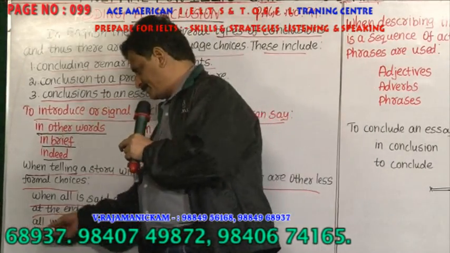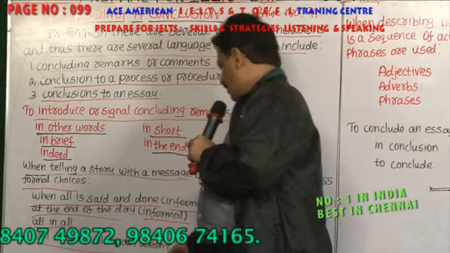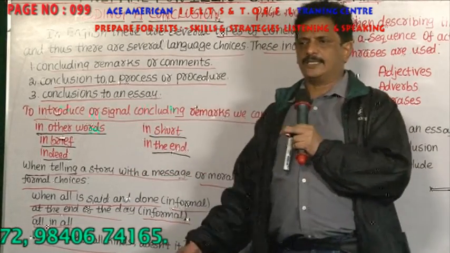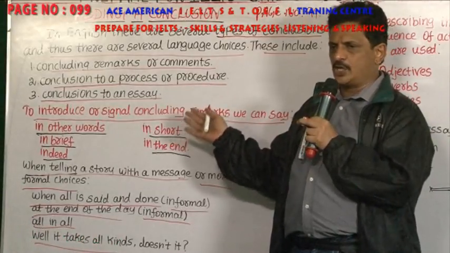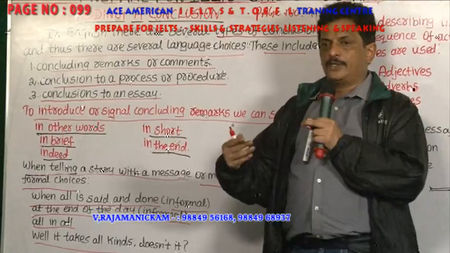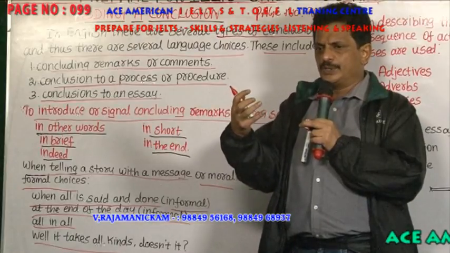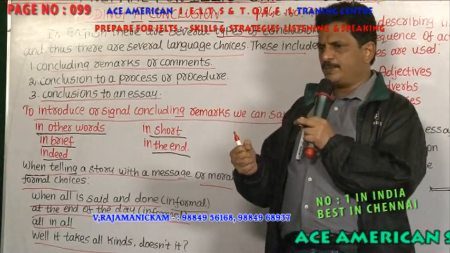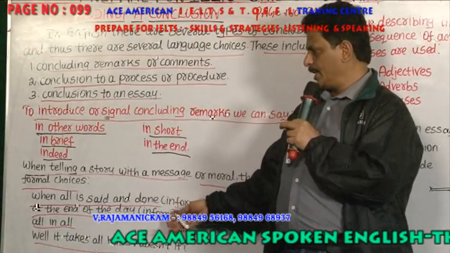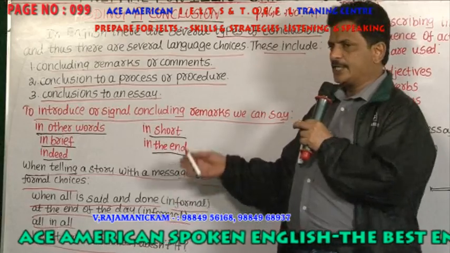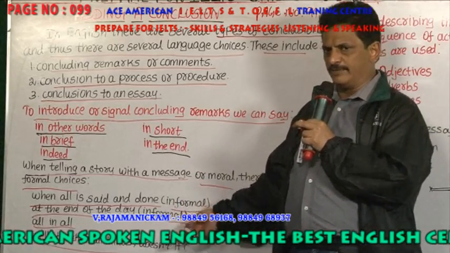All in all. Well, it takes all kinds, doesn't it? So these are the signals you use when you are going to conclude a speech, the words used when telling a story with a message. That is the concluding words.